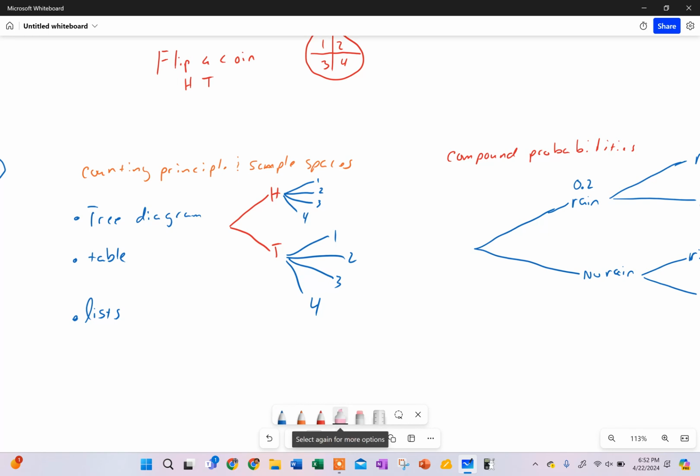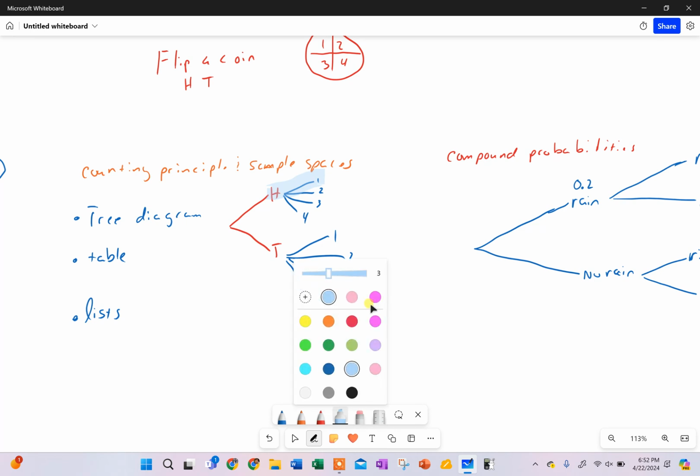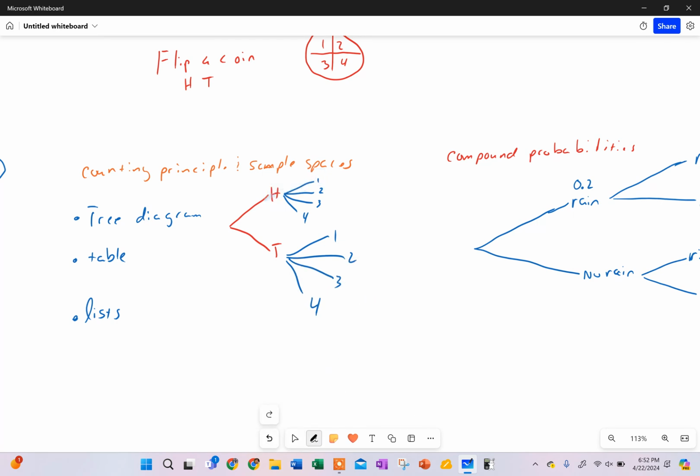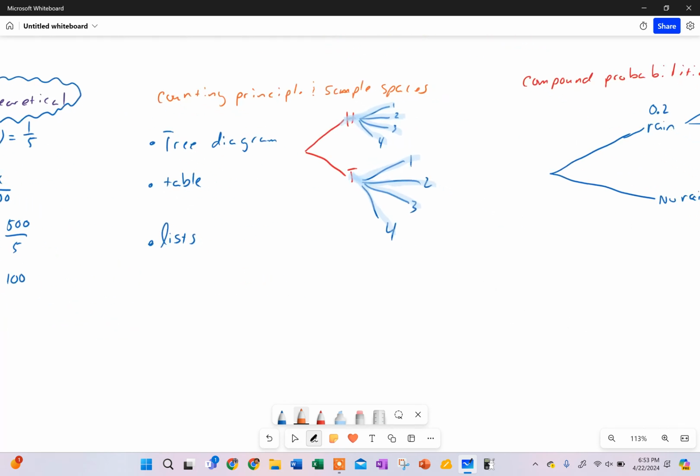And if you follow the branches, we get heads 1, heads 2, heads 3, heads 4. That's 4 ways. Tails 1, tails 2, tails 3, tails 4. That's 8 ways.